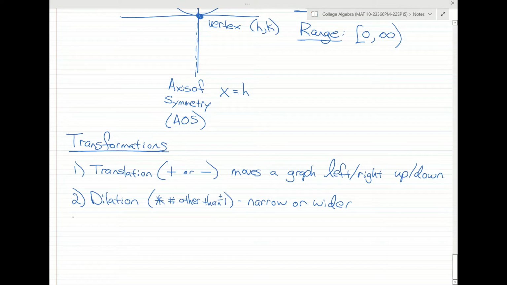And then the last thing that could happen is something called a reflection. You get a reflection by multiplying by a negative.